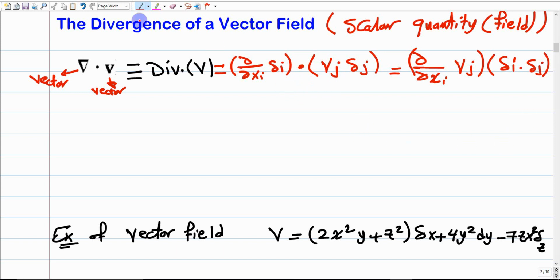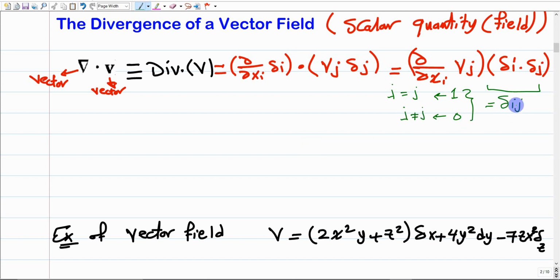And if you can recall that we said that delta I dot delta j gives delta ij, which is the canonical delta, right? And the property of this canonical delta is that it would be either 1 or 0. 1 in case that I equals j, but it should be 0 in case that I is not equal to j, right?